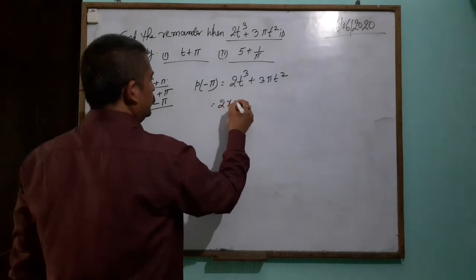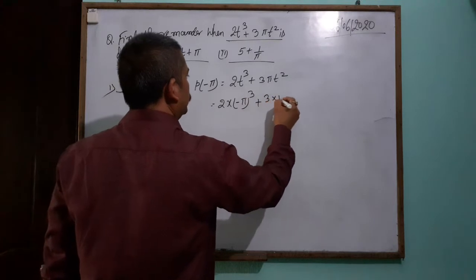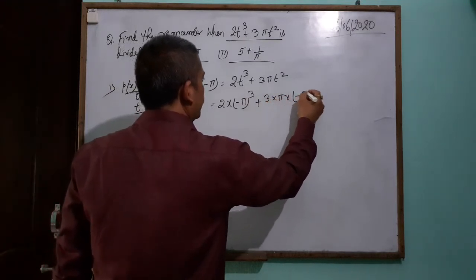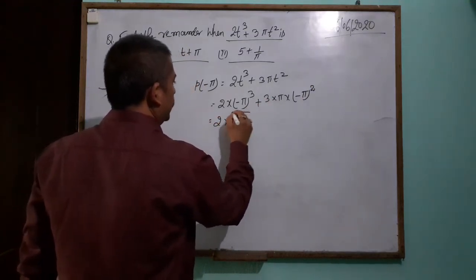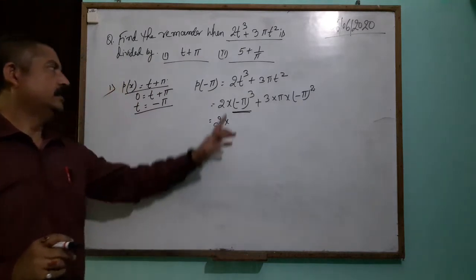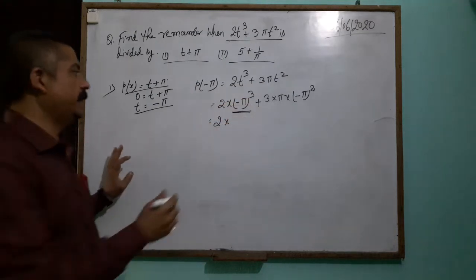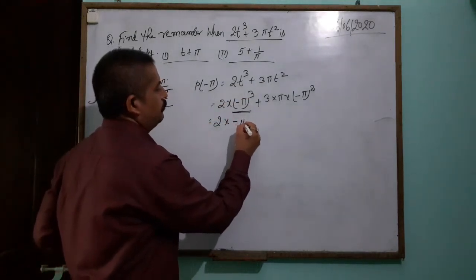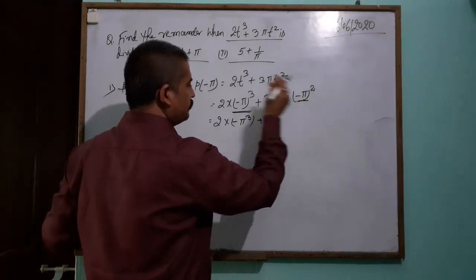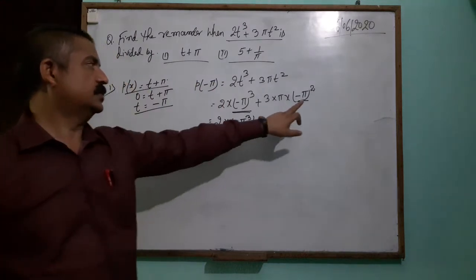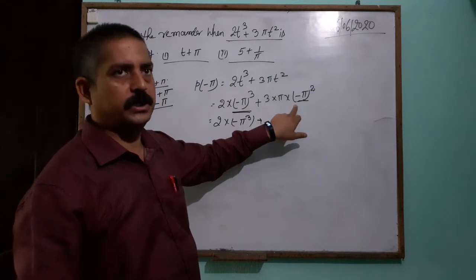Then 2 into (minus π) whole cube plus 3 into π into (minus π) whole square. Again, 2 into what do we get? If we find the cube of minus π, we get minus π³. Plus, since minus π squared has an even power, the product will be positive.